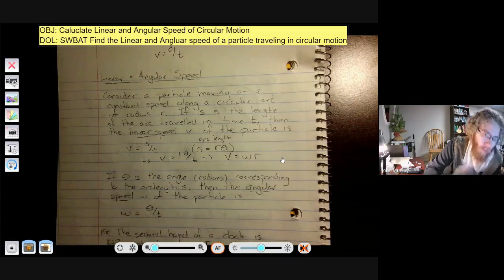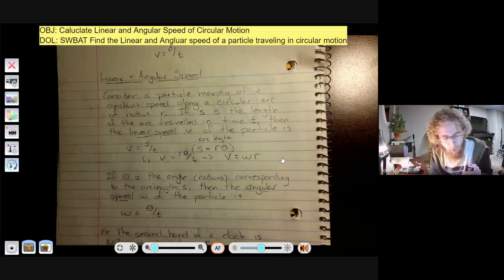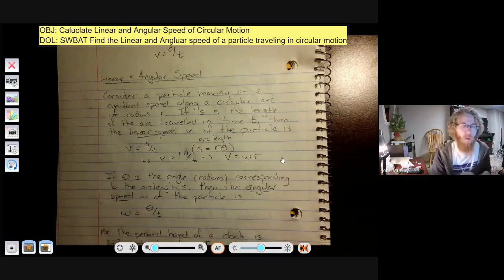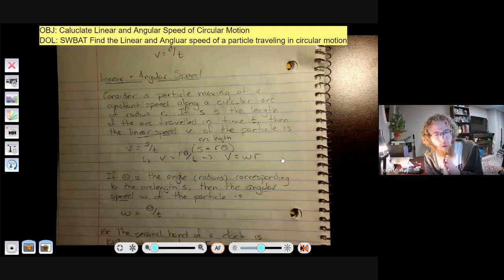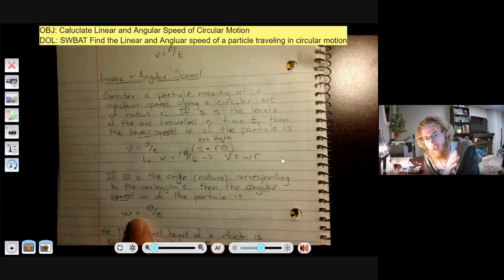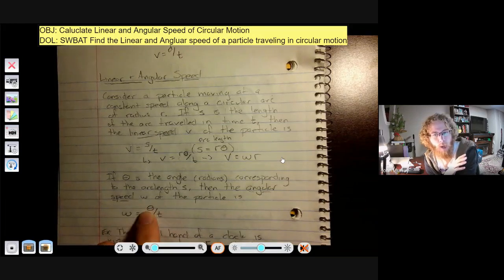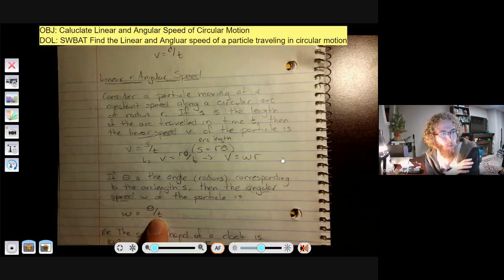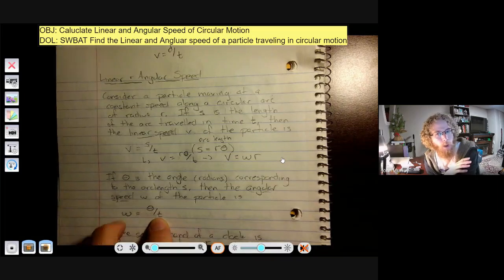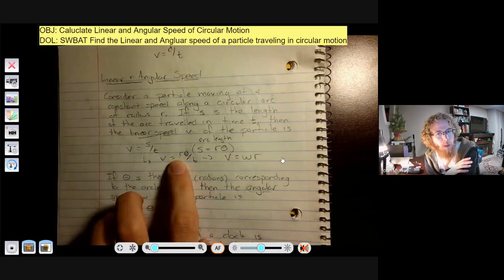Okay, and one thing that I'm going to show in a second with the example that we do that I also want you to notice is here, this is pretty straightforward, right? It's just how many times we rotate or how much we rotate over time. Here, it's the same thing, but involving the radius.